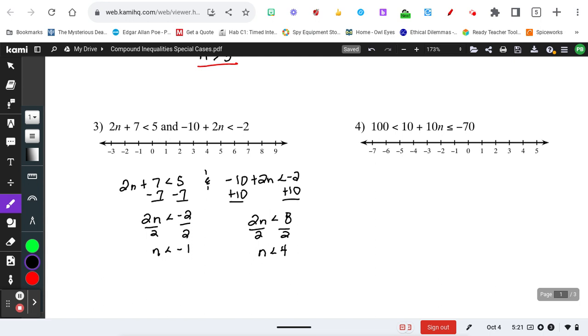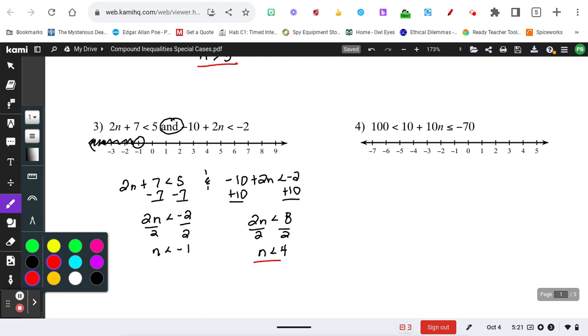So I'm going to graph what I have. Keep in mind these are supposed to overlap somewhere because it's joined by "and". All right, everything less than -1 is that way. And then let's look at everything less than 4. That's less than 4. It's this way.